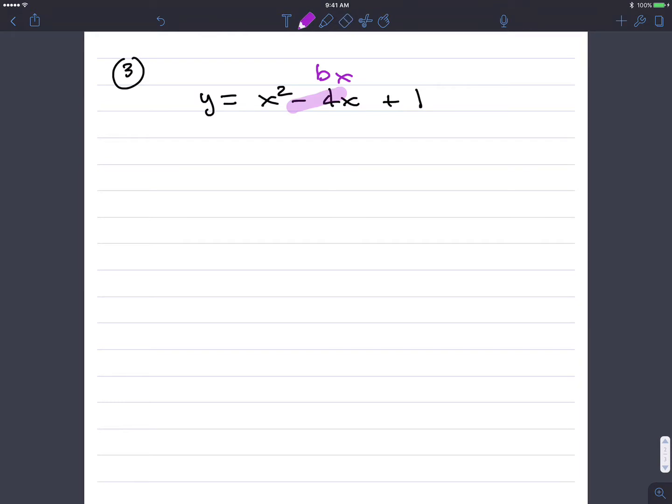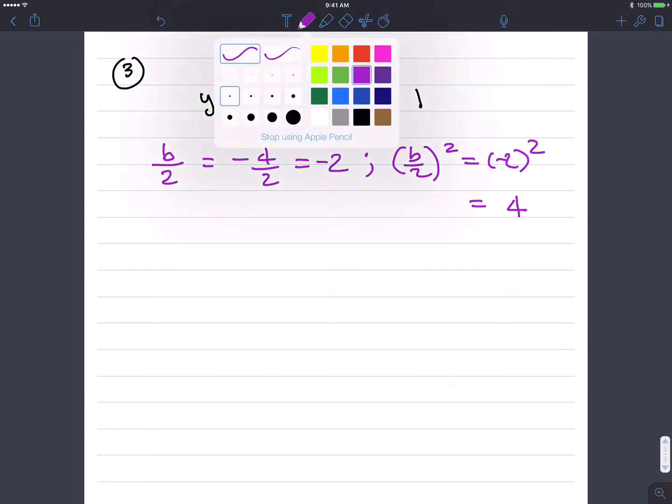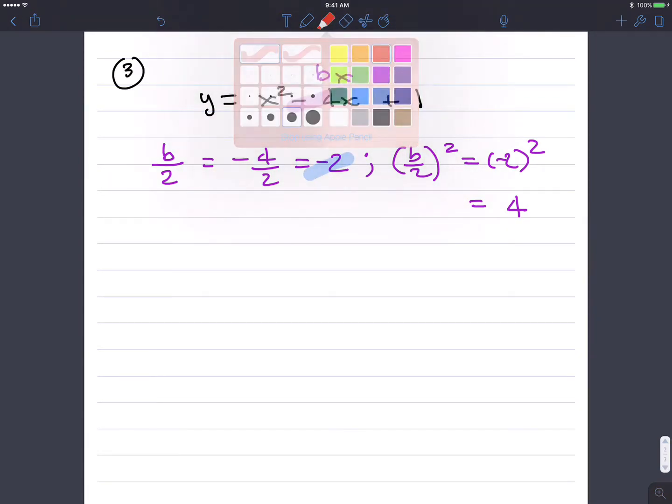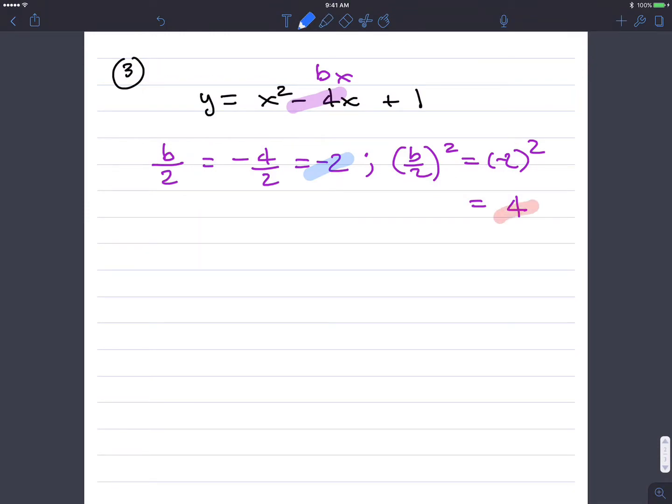And b now is negative 4. So we have to take b divided by 2, which is negative 4 divided by 2, which is negative 2. And then we square this number. Negative 2 squared is 4. We're going to use the negative 2 eventually, and we're going to start by using the positive 4.